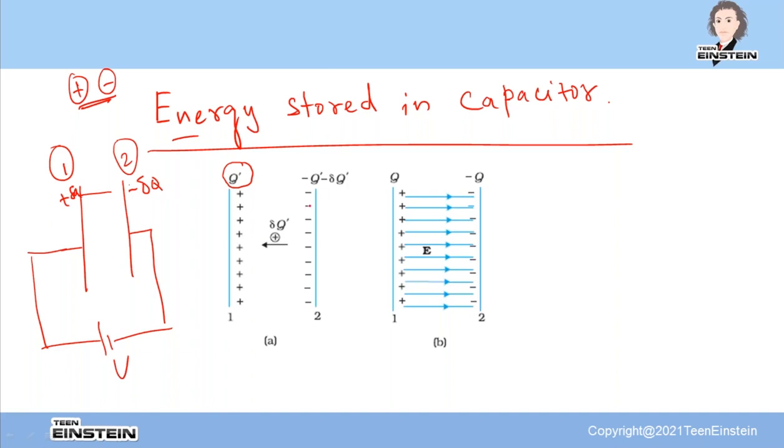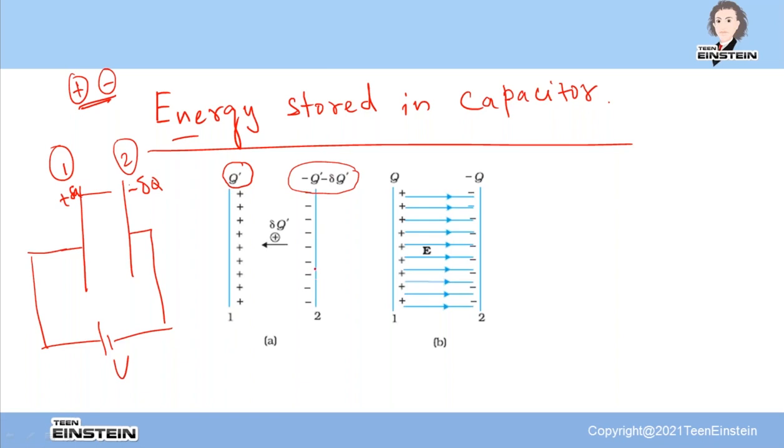So the remaining charge is q prime minus delta q prime. This is how I get the charge bit by bit and put it on conductor 1. The same amount of negative charge is manifested on conductor 2. This is how charging happens.